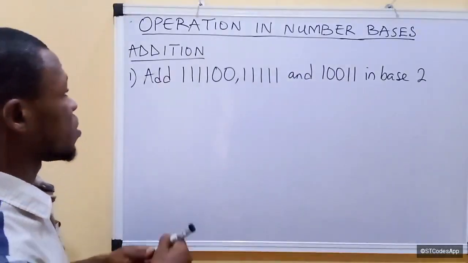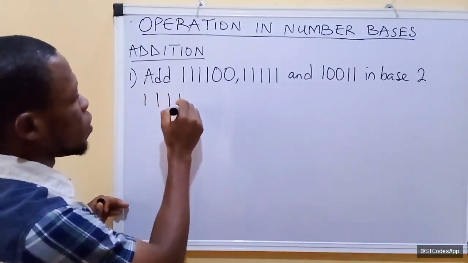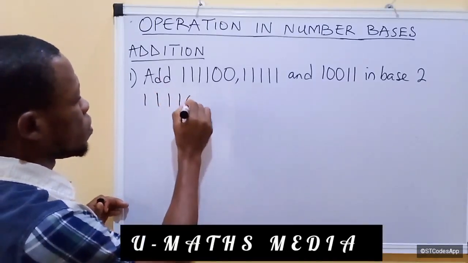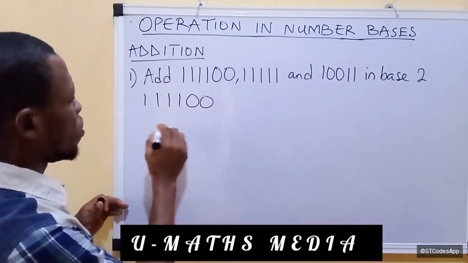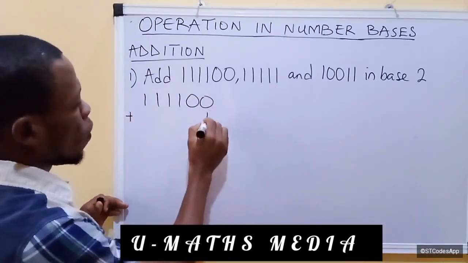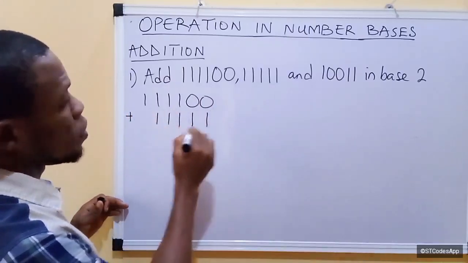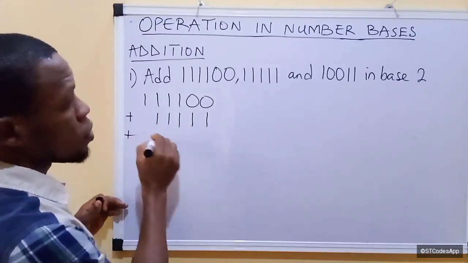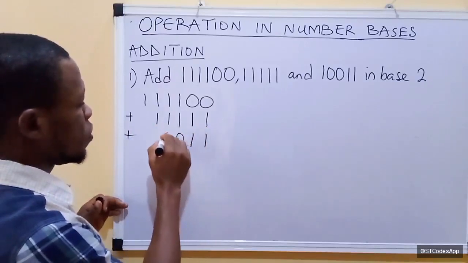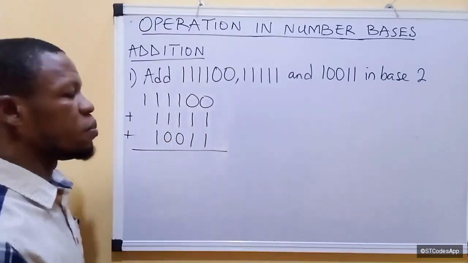So let's look at that. 1111001 plus 11111 plus 11001. Now let's take note that these are all in base 2.